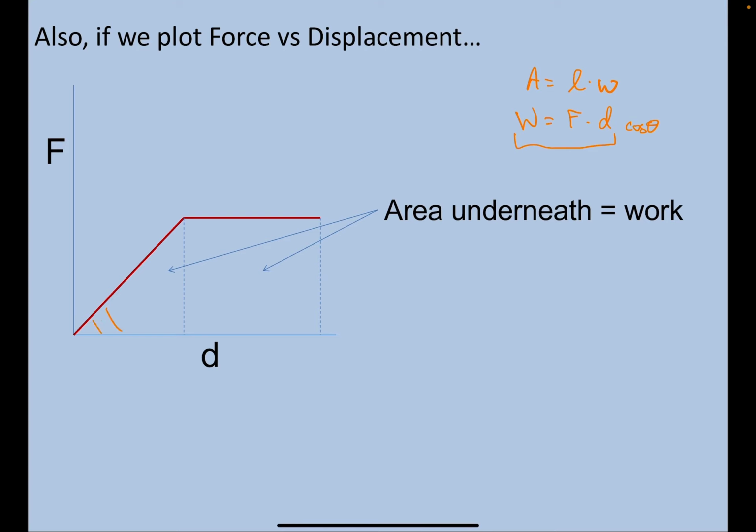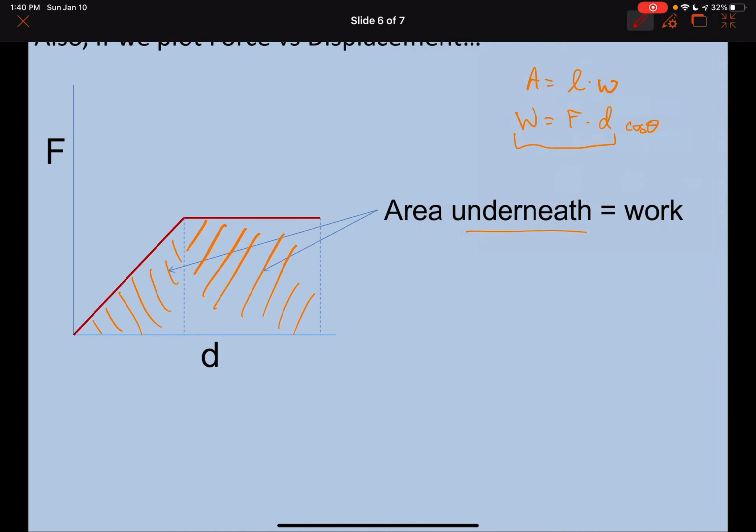Okay, so if we were to go ahead and find this area, and when I say area underneath, just keep in mind that's actually between your line and the displacement axis, the x-axis. If this line carried on and sort of came down beneath the axis, okay, so something like this, the area that we're finding then is this area and then this area under here.